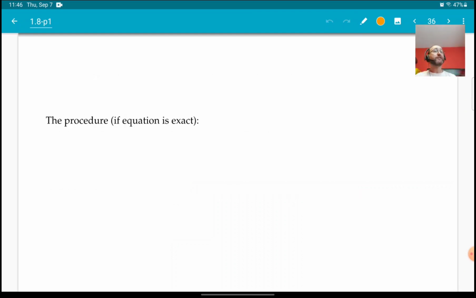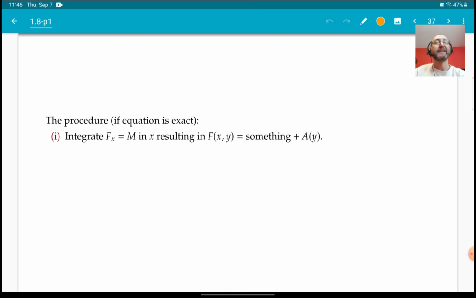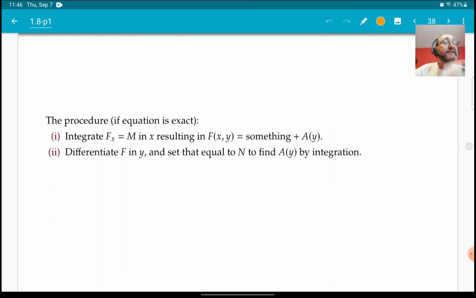All right. So the procedure, if the equation is exact, is to integrate f sub x equals M in x, and I will have something, whatever the integral is, plus the constant of integration, where the constant of integration depends on y, right? Then you differentiate this thing in y. That something will differentiate.